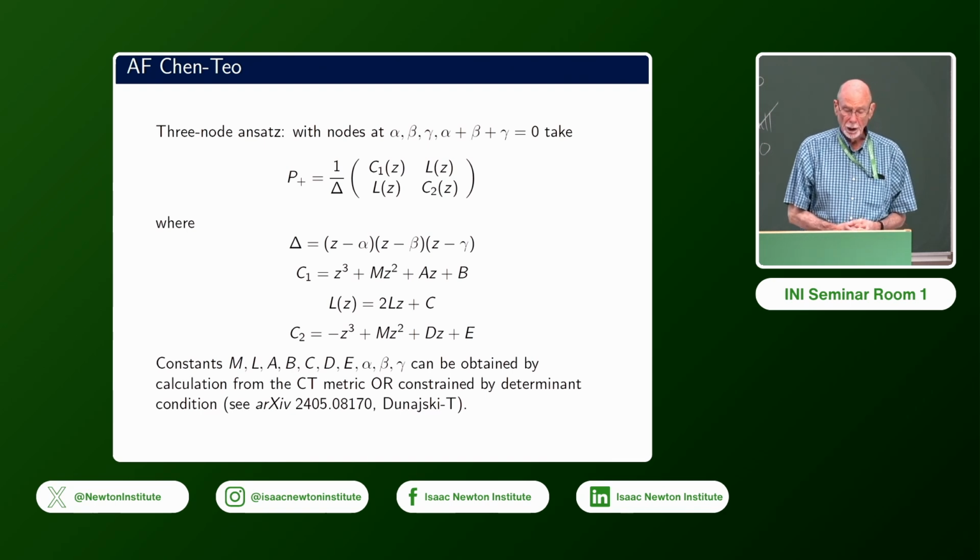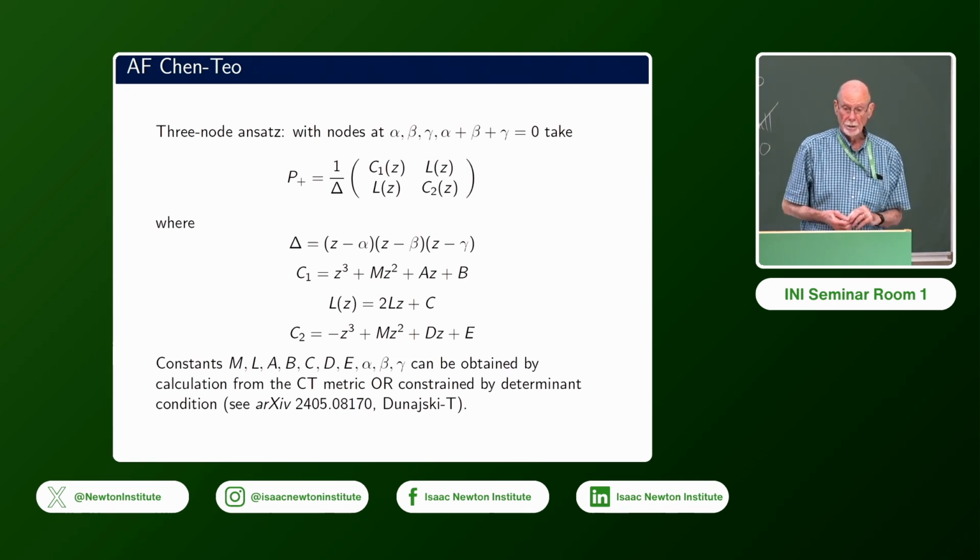Now, you could get them by starting from the Chen-Teo metric and doing some non-trivial mapling, and it'll give them to you. Or you could say, well, let me just impose this condition on the determinant. It's a high order polynomial. I'm going to get lots and lots of conditions. I'm trying to fix A, B, C, D, E. And this is something that Maciek and I looked at.